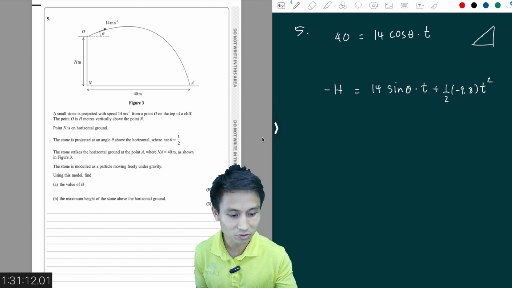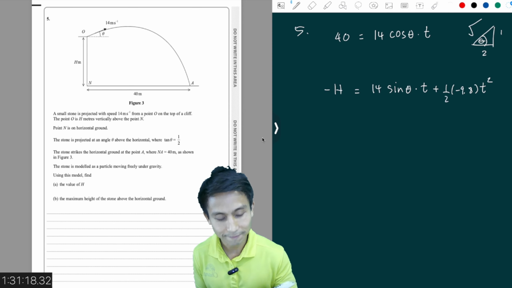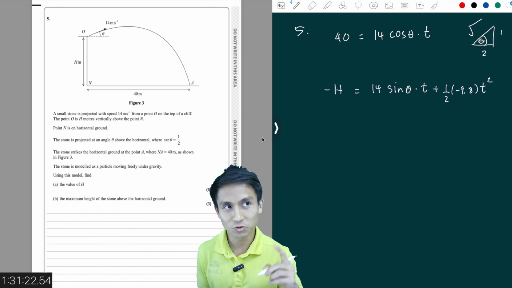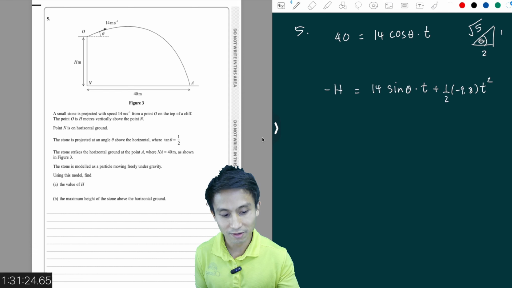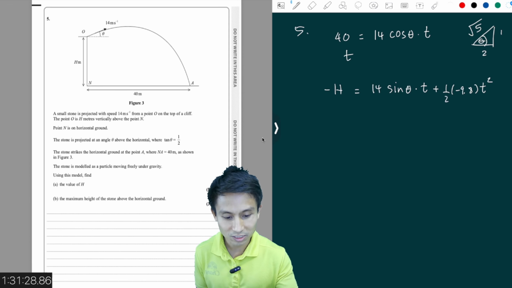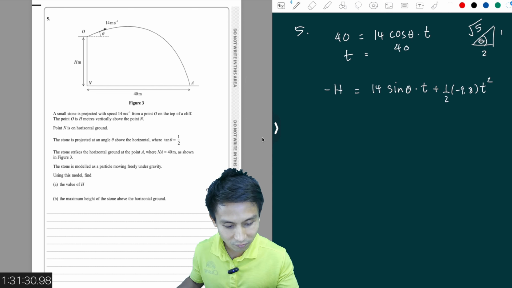Again, the triangle trick. So tan is just opposite over adjacent, 1 over 2. So that makes the hypotenuse square root of 2 squared plus 1 squared, which is root 5. So that means the cos theta would just be 2 over root 5. So T is 40 over 14 times 2 over root 5.